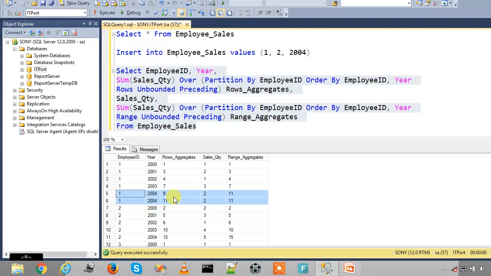Here the ROWS aggregate calculates the rows before plus the current row. There is 2 plus the previous sum 9, but here the previous row plus the matching values, these are the same, so it aggregates over this range also.